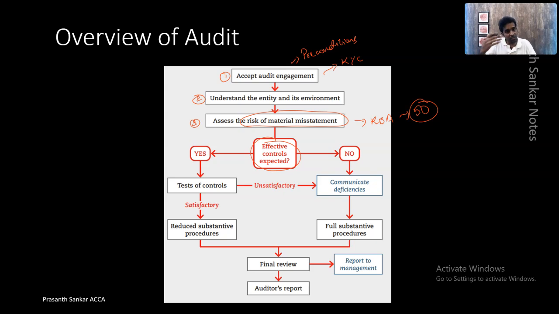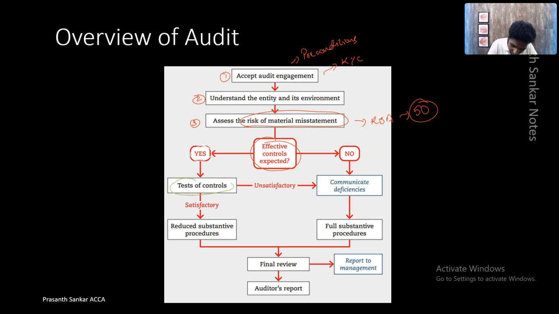But in certain medium-sized or big companies, they will incorporate controls. They will have systems in place, security cameras in place, and various other systems or processes to ensure that mistakes do not occur due to fraud as well as error. If there are controls in place, then the auditor will test them.